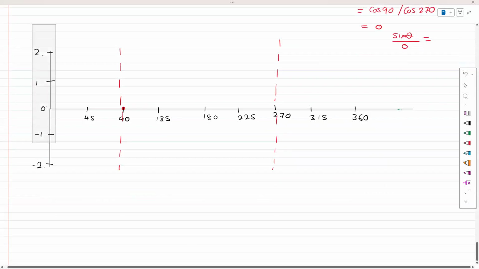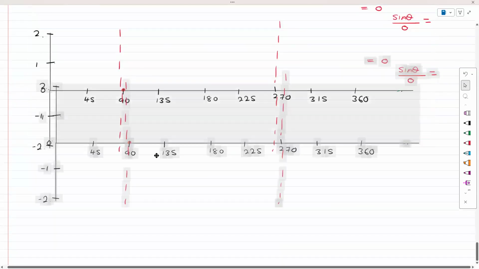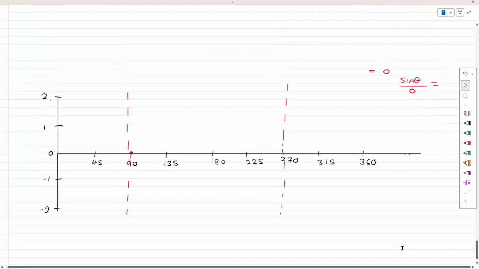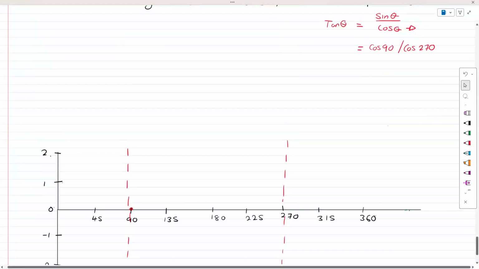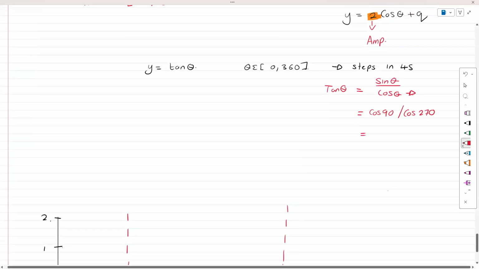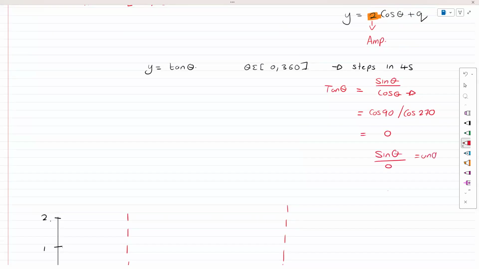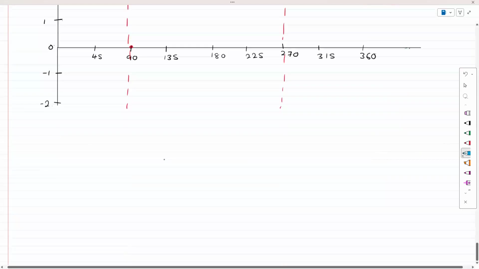That's why tan does not exist at 90 and 270: tan is equal to sine over cos, and this equals 0, so sine theta over 0 is undefined. So tan will always be undefined at 90 and 270.